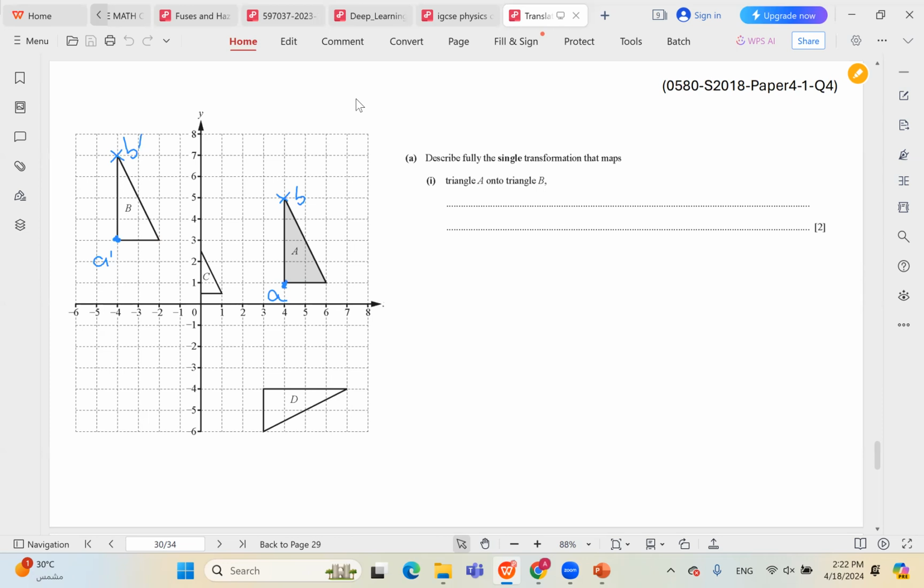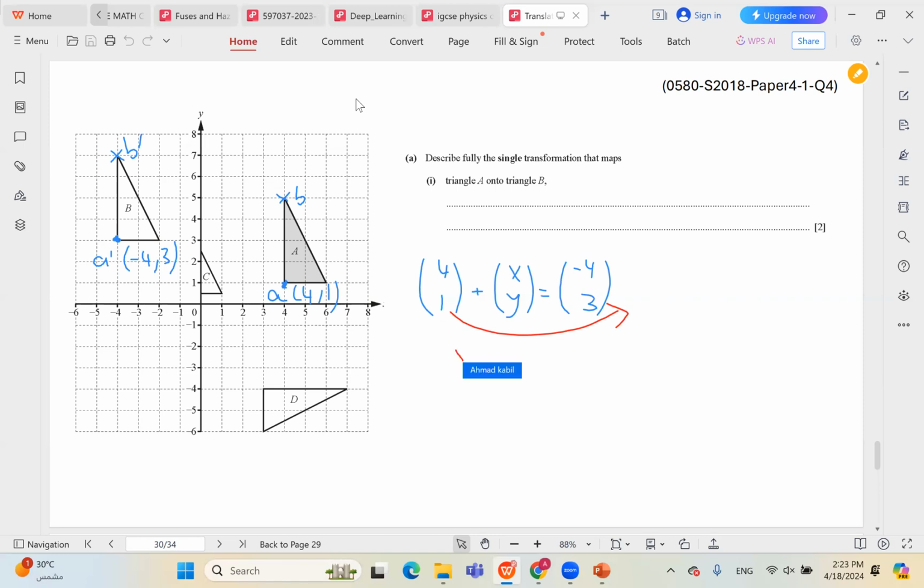So let's work with A here. We have 4 and 1. And for A dash, we have -4 and 3. So 4, 1 plus xy equals -4 and 3. Now we'll take this to the other side.